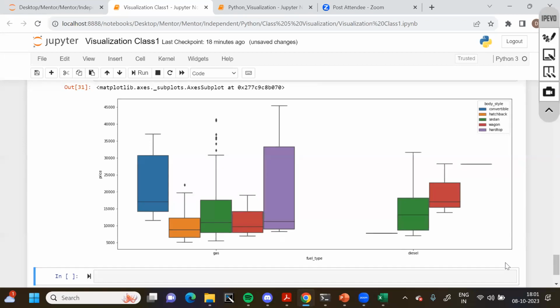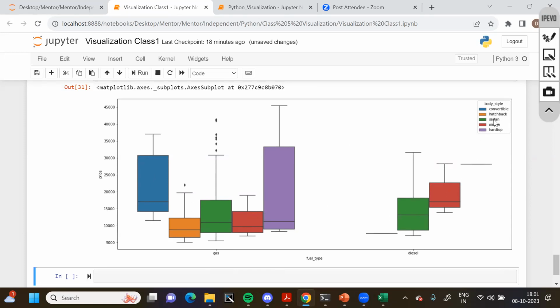So now you can see that for the gas type, there are all the variants: convertible, hatchback, sedan, wagon, hard top, 1, 2, 3, 4, 5. There are very few variants for the diesel. You are seeing wagon is there.